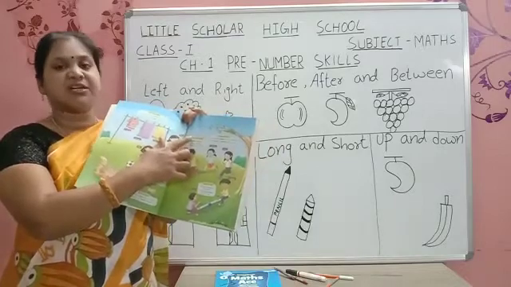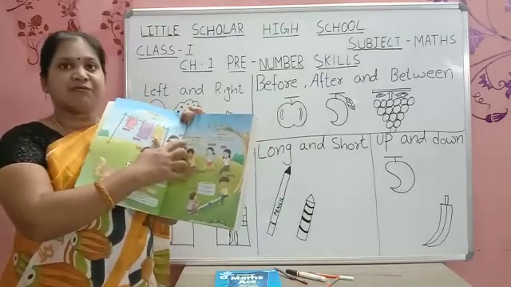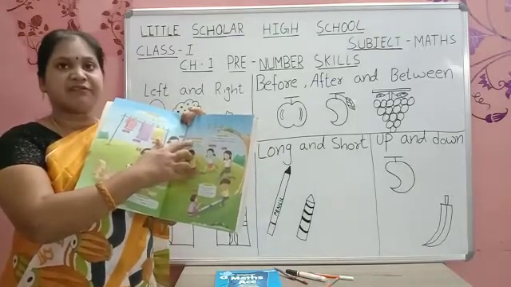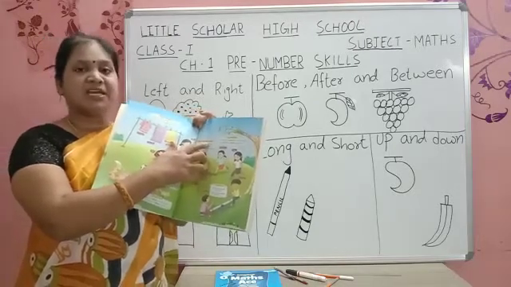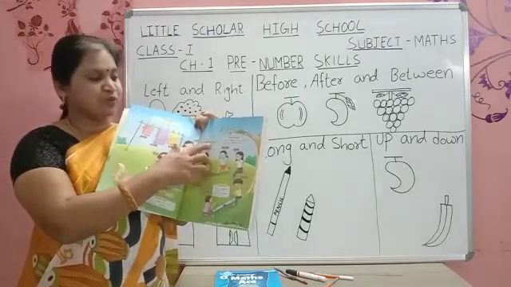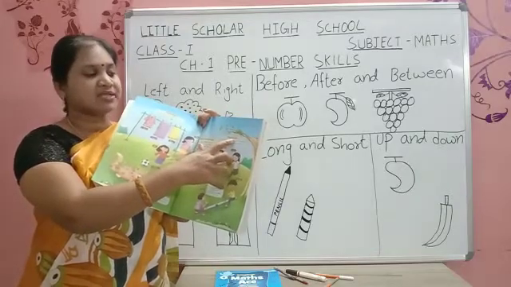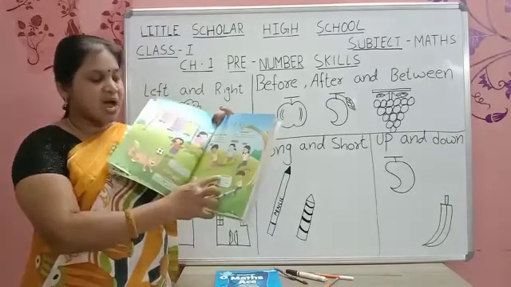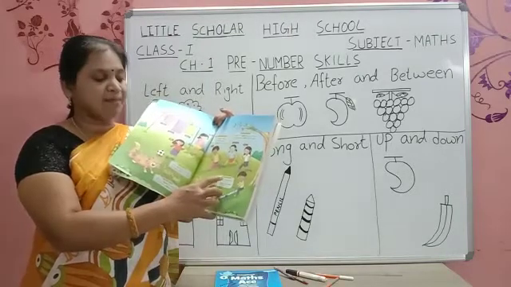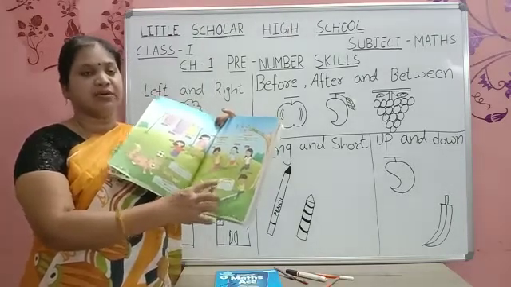Before, after and between, B-E-F-O-R-E, before, A-F-T-E-R, after, B-E-T-W-E-E-N, between. Long and short, L-O-N-G, long, S-H-O-R-T, short. Up and down, U-P, up, D-O-W-N, down.